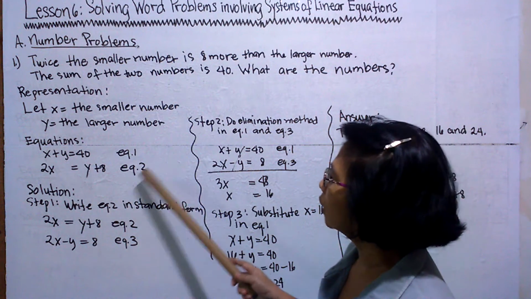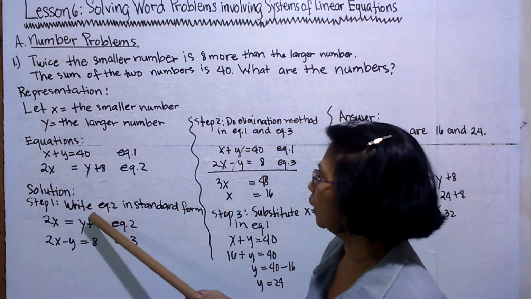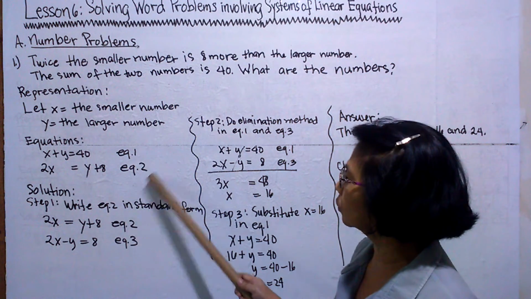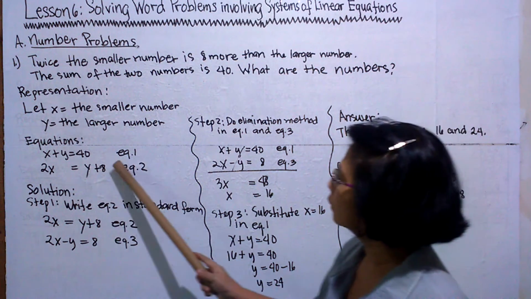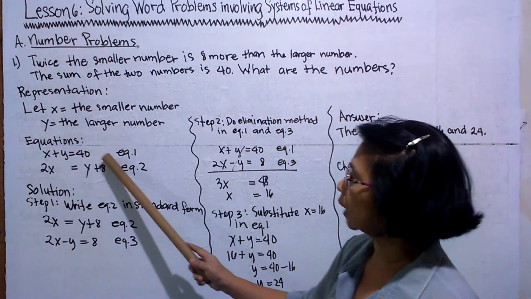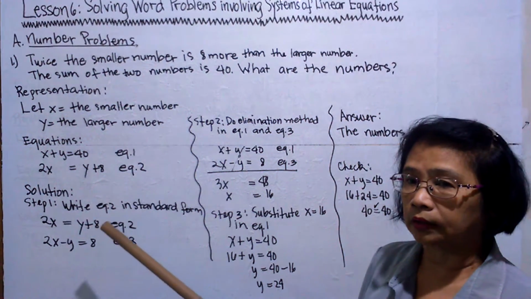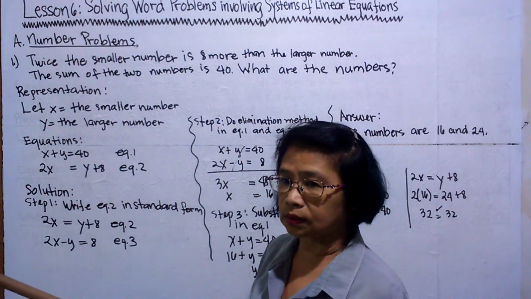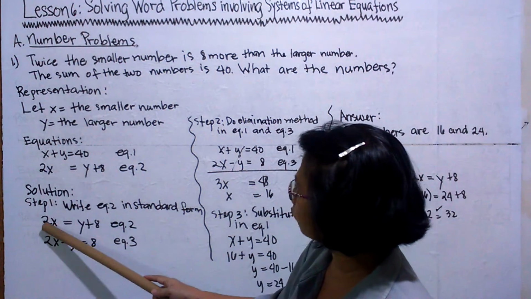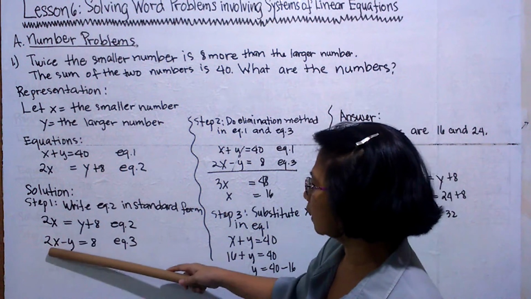For our solution, step number 1, we have to write equation 2 in standard form. This is not in standard form. Remember the standard form of writing a linear equation, ax plus by equals c. So this is equation 2. We write it in standard form.